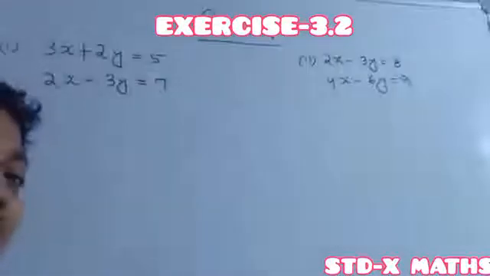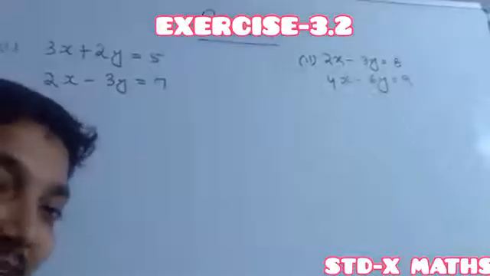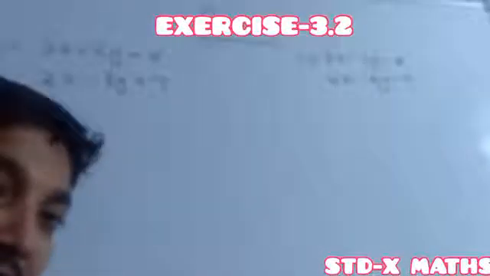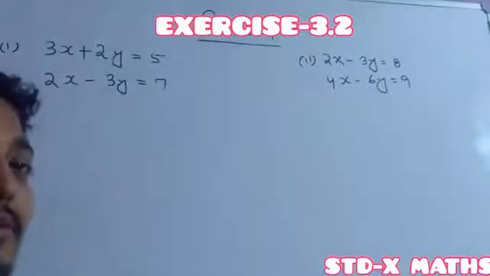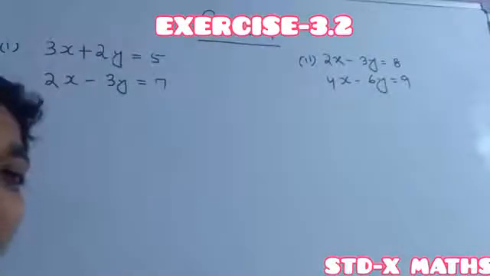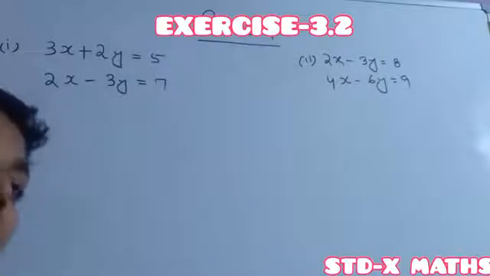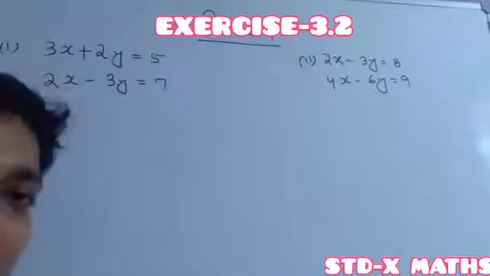Whenever the lines intersect at a single point, both linear equations are consistent. Whenever there are infinitely many solutions, they are also consistent. It means to be consistent, there may be a single common point, or the lines may be coincident, with infinitely many common points.